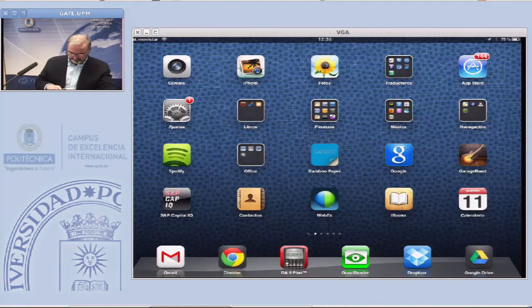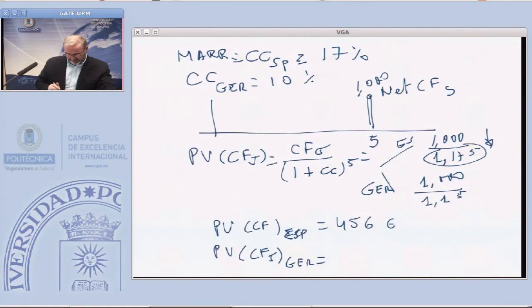So what's the practical consequence? It's 620 euros. So what is the practical consequence of that cost of capital?